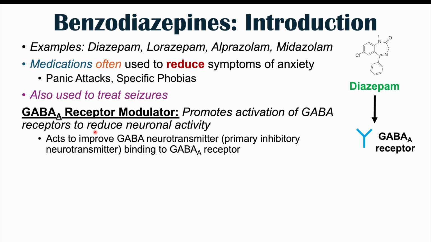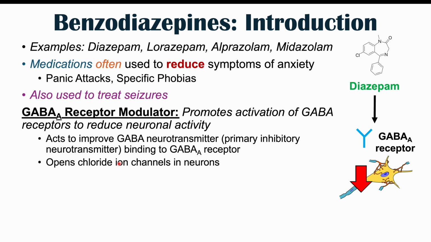So again, it acts to improve GABA neurotransmitter binding to the GABA A receptor. And by improving the efficacy of GABA neurotransmitters binding to GABA A receptors, it's going to lead to opening of chloride ion channels in neurons, and it's more specifically going to increase the frequency of chloride ion channel opening, and this will ultimately lead to a generalized reduction in neuronal activity.